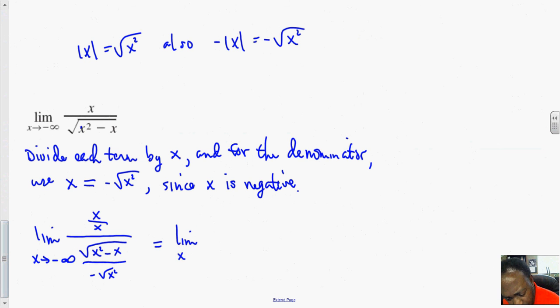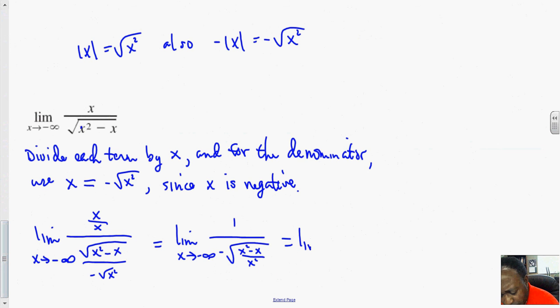The numerator is 1. This is all over negative times the square root of x squared minus x divided by x squared. The x squared downstairs is inside that radical.